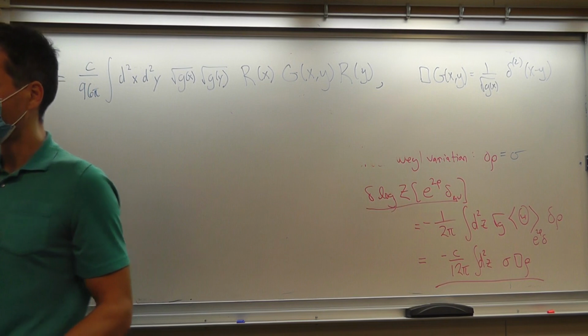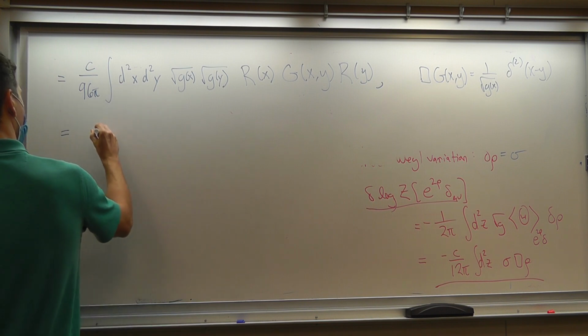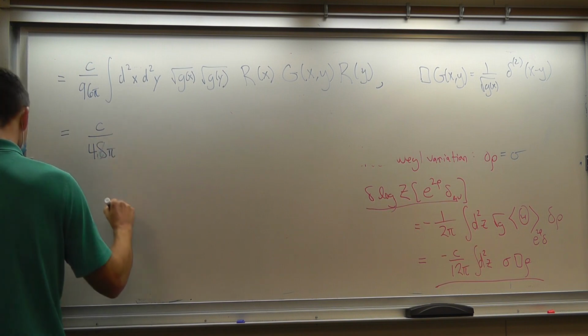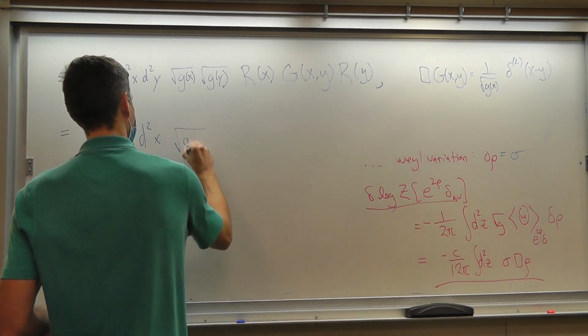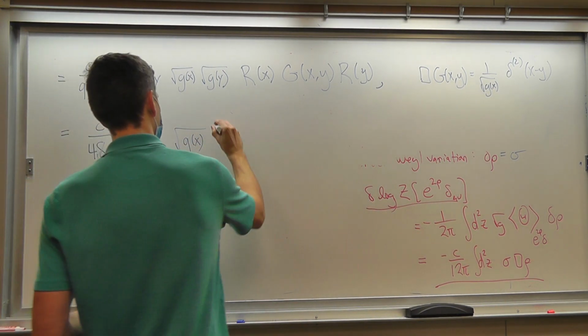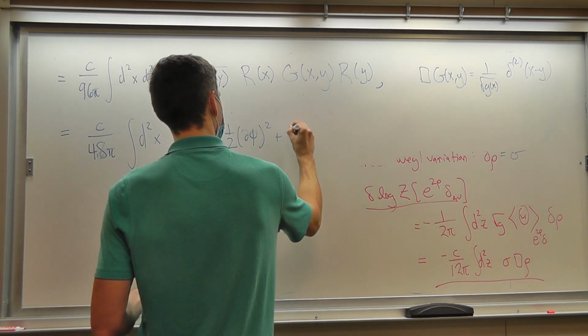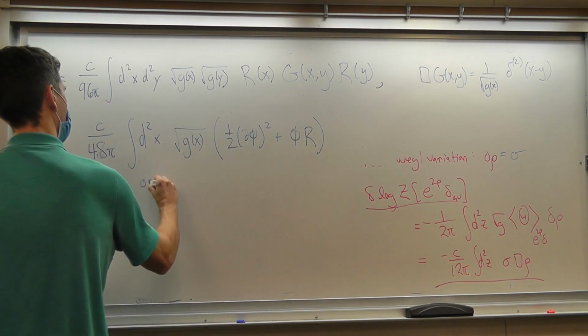I'm going to write it a third way, which I think is more elucidating than this one. We can write the Polyakov action as c over 48 pi integral d2x root g of x, a half (d phi) squared plus phi R, on shell.